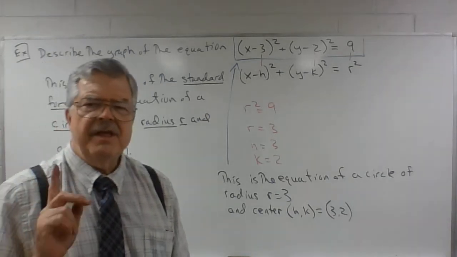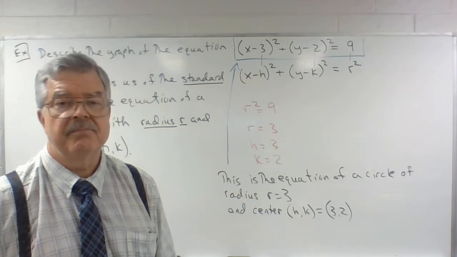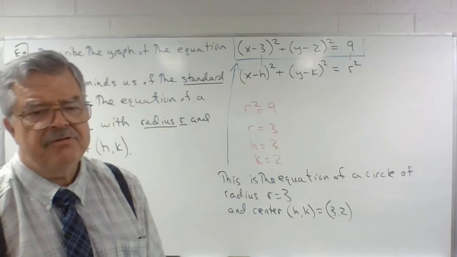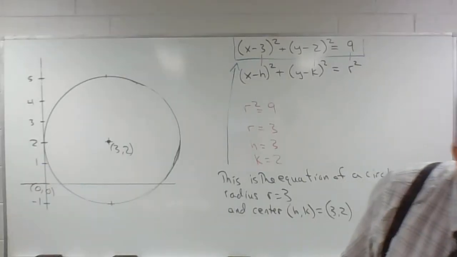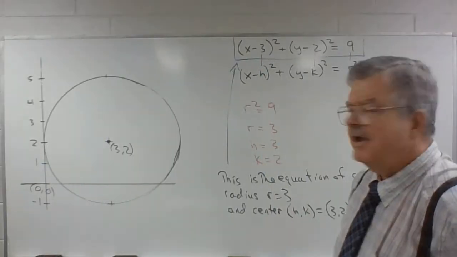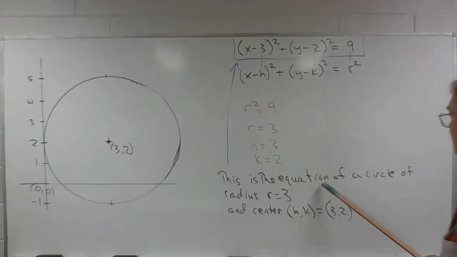And although they didn't tell us to graph this equation, maybe we should. Okay, I think I graphed it. Equation of a circle of radius 3 and center (3, 2).